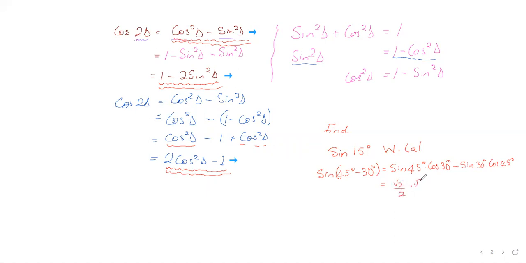And the cos of 30 is root 3 over 2. The sine of 30 is a half, and root 2 over 2. 2 times 2 is a 4. Root 2 times root 3, which gives us root 6. So common denominator 4 into root 6 minus root 2.